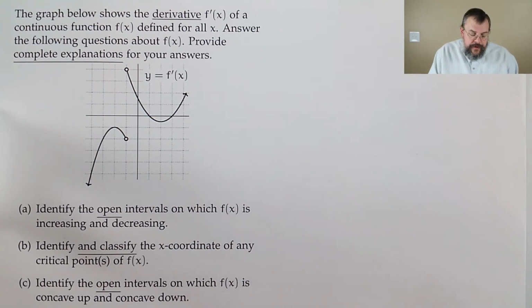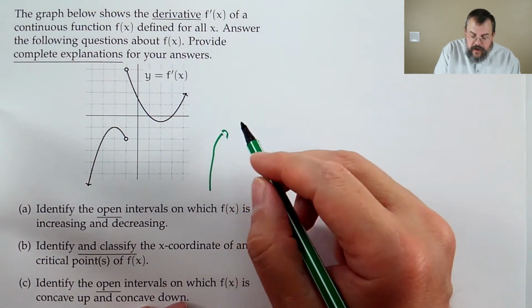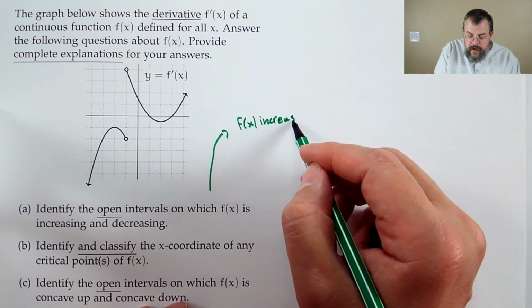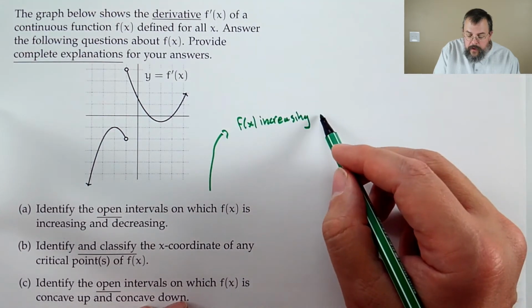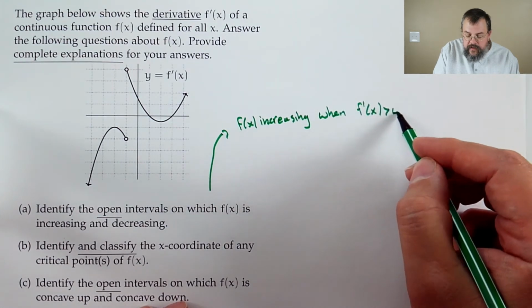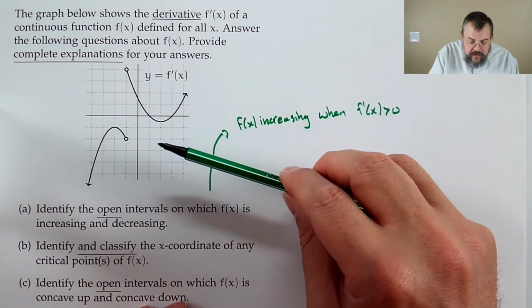All right, so part A. Identify the open intervals on which f of x is increasing and decreasing. Now, we know that f of x increasing means, well, when f prime of x is positive. So we come over here and say, when is f prime positive?